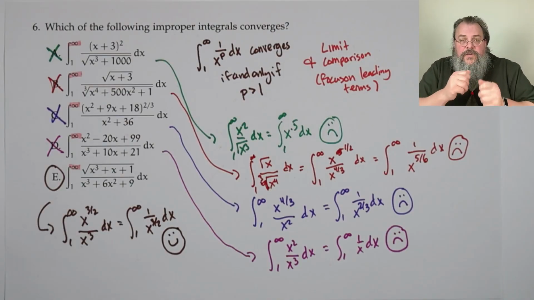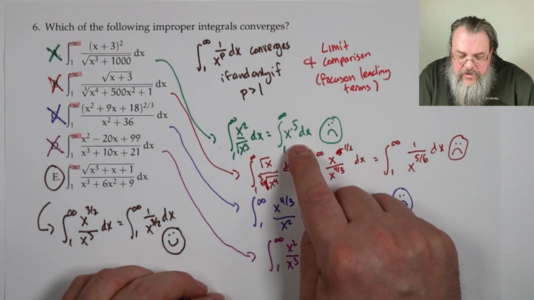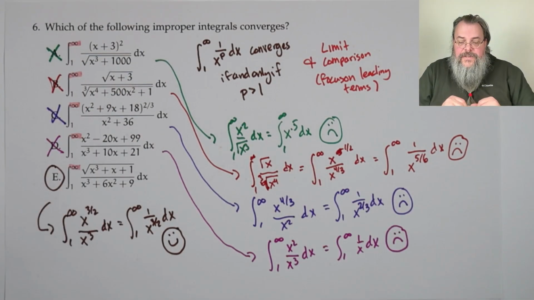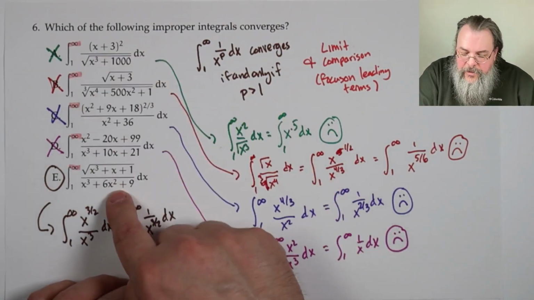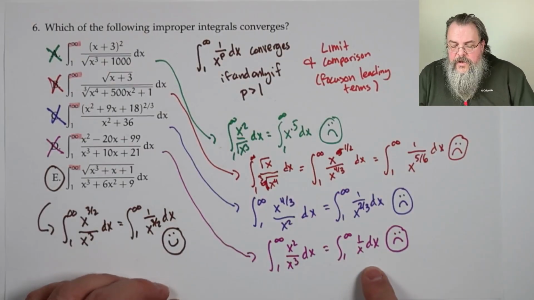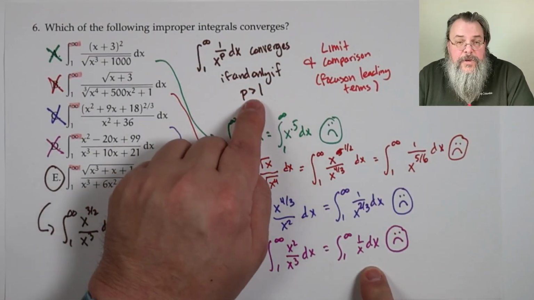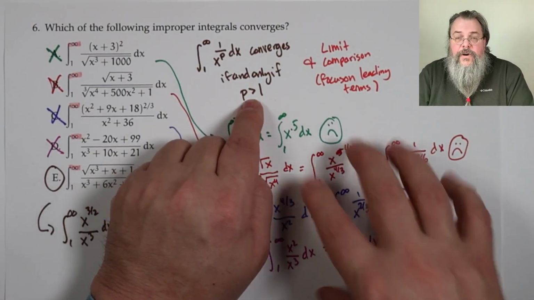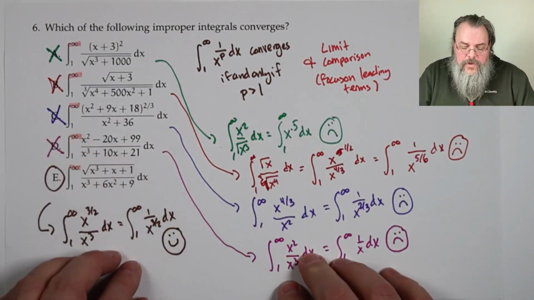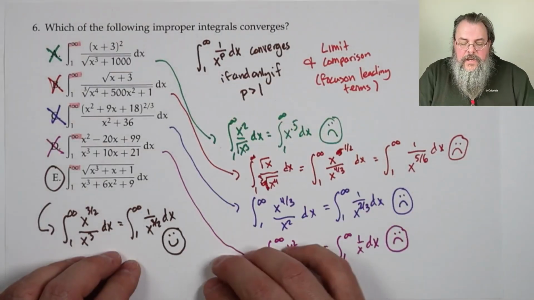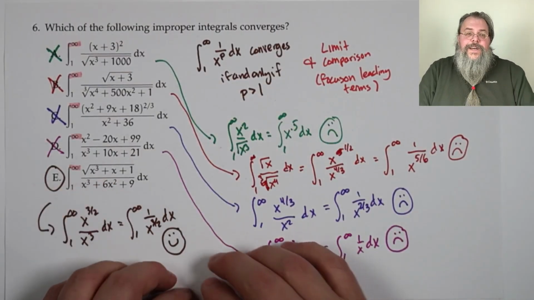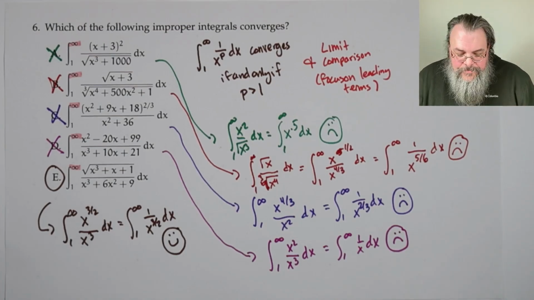Whatever this simpler integral does, this integral does in terms of converge or diverge. So by throwing out the lower order terms, we saw the first 4 cases all led to integrals where we did not have p greater than 1, we had p less than 1. So all 4 of these had to diverge, but the last integral we were left with an integral which would converge. So if this integral converges, this one also converges. And so that's how we got our answer.